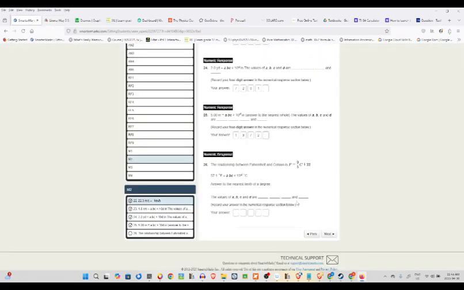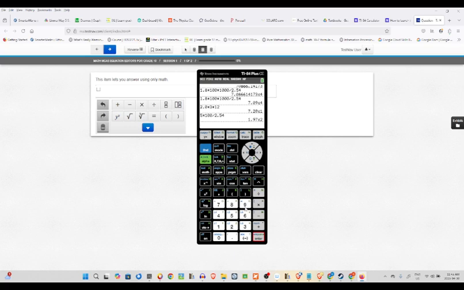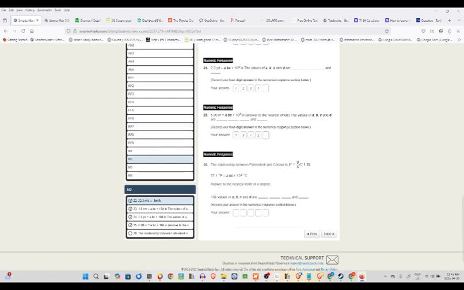Our temperature in Fahrenheit here is 57.1. So I'm going to take here 5 over 9, 57.1 minus 32, 1.39 times 10 to the 1.